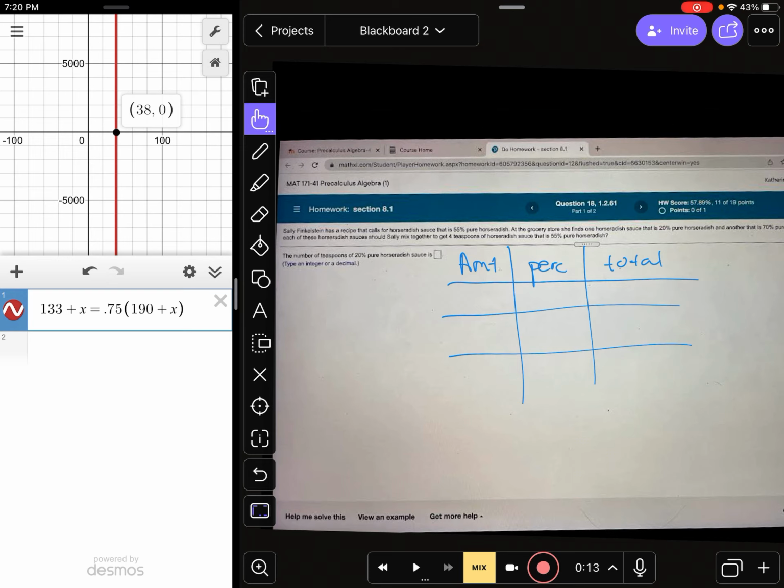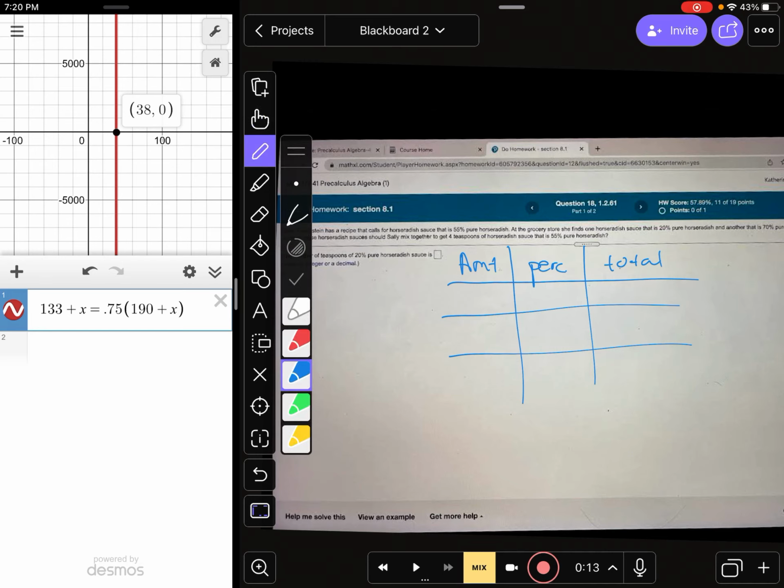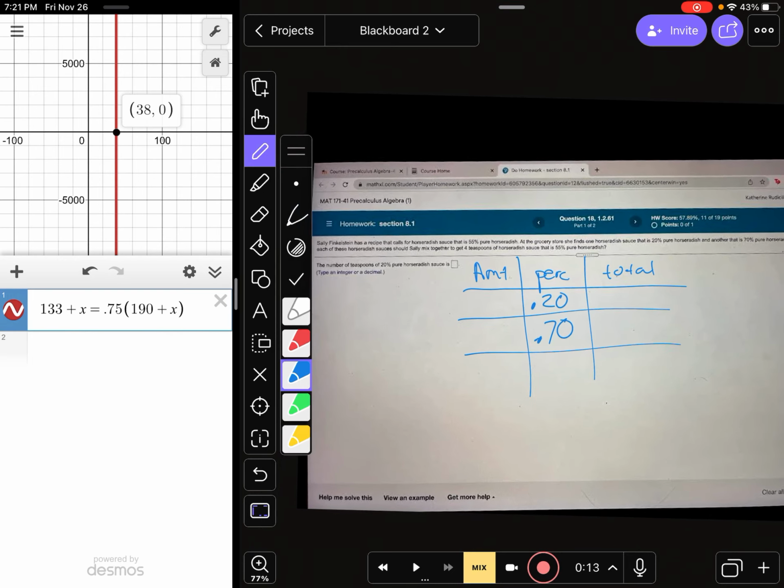At the grocery store, she finds one horseradish sauce that is 20% pure horseradish. Okay. So I'm going to write that in there. The percentage is 20%, which is 0.20. And the other one is 70% pure horseradish, which is 0.70.